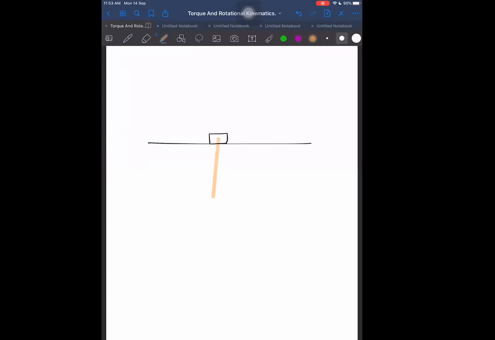This is a vertical rod suspended under a block, and there's a pin joint here, so it is free to rotate about the block, and the block is lying on a frictionless surface. There is no friction anywhere. This rod is of mass m, length L, this is capital M, and we provided it some impulse. What impulse should we provide so that it makes a complete circle around the m mass?